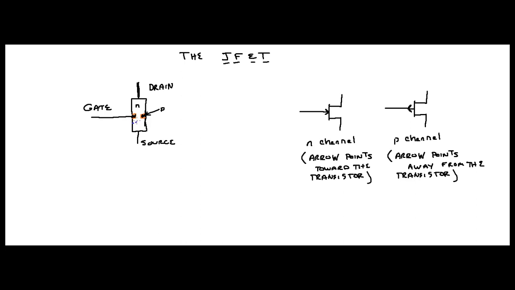So remember, that's just an example. This blue part, that's your depletion region. It's depleted of charge carriers, because remember, you have a PN junction here, right?